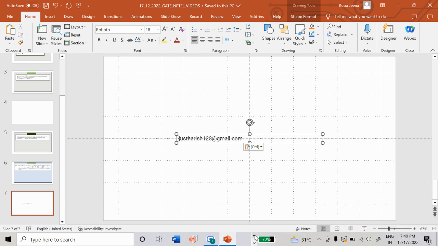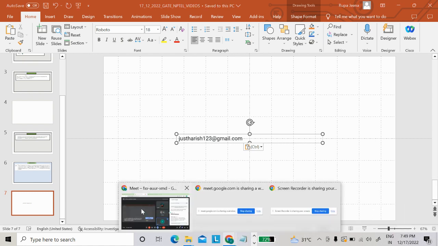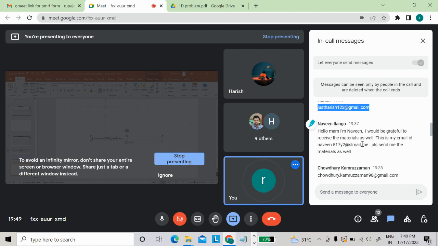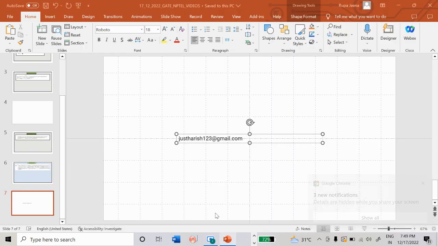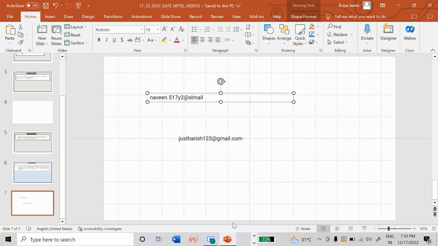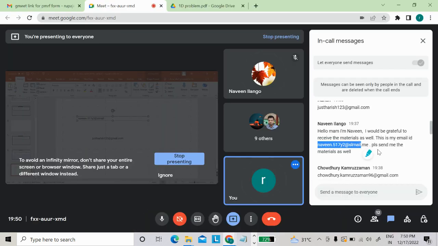Okay. One is those students who have given me their mail ID. I'm just taking their mail ID. This is my mail ID. Okay. Naveen has also given me his mail ID. One more is Naveen. Your mail ID is naveen.517y2 at the rate SL mail, right? SL mail. Okay.